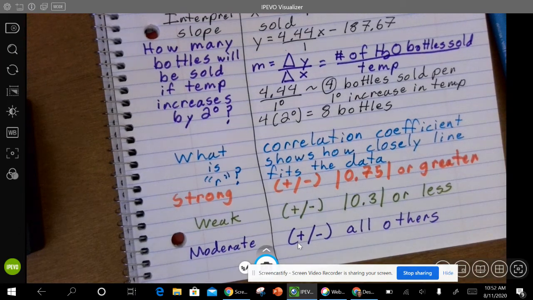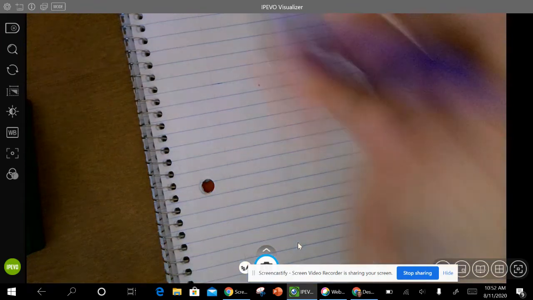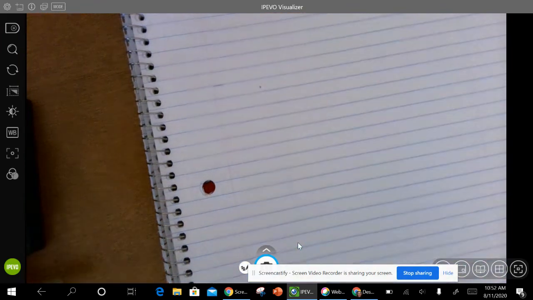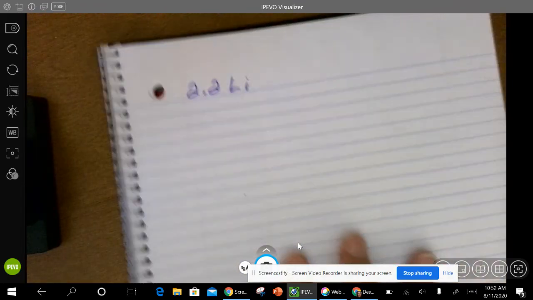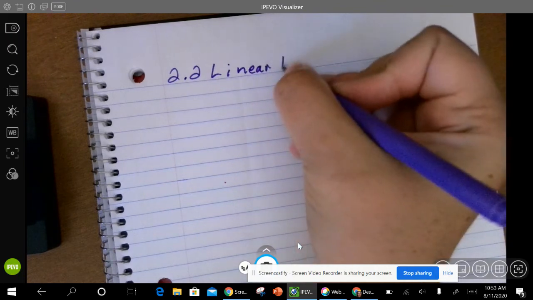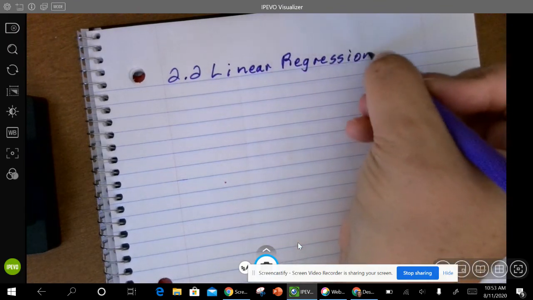And I will show you this on the number line. We're still working on regression, and this is the last part of the note.